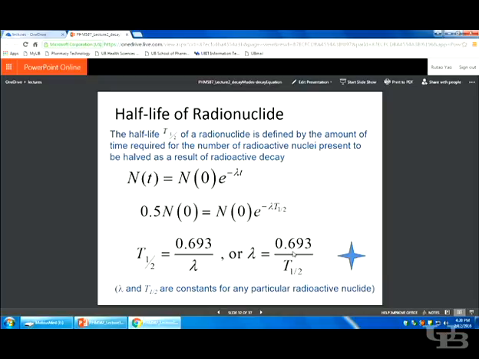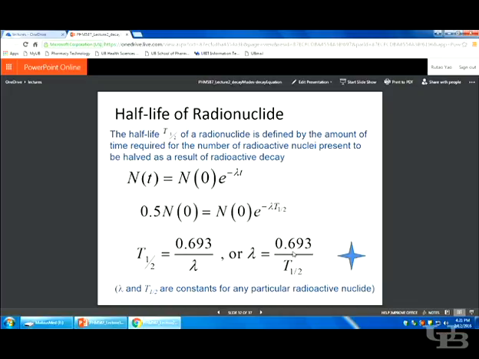if we assume an unknown t equals t half, this is the half-life. By definition, at this time the number of atoms will become half of when it starts.